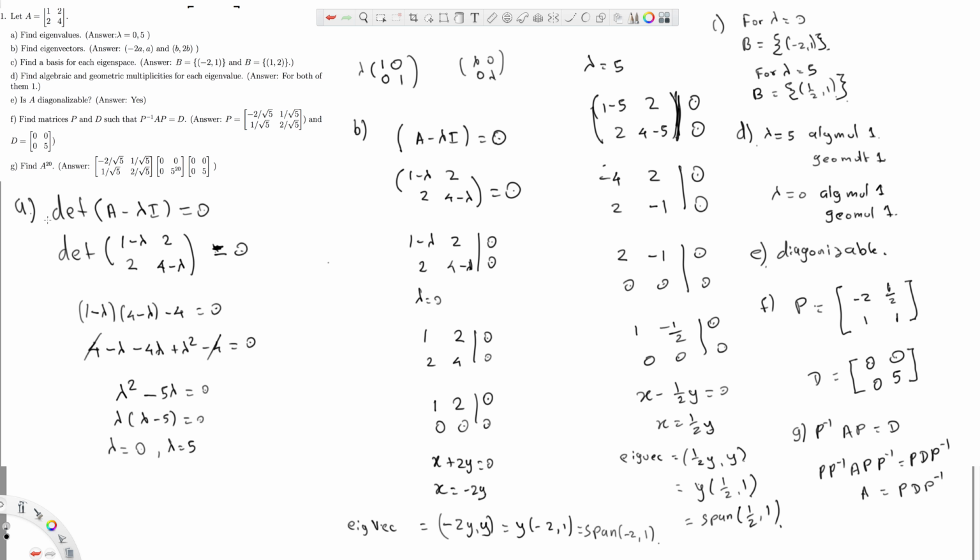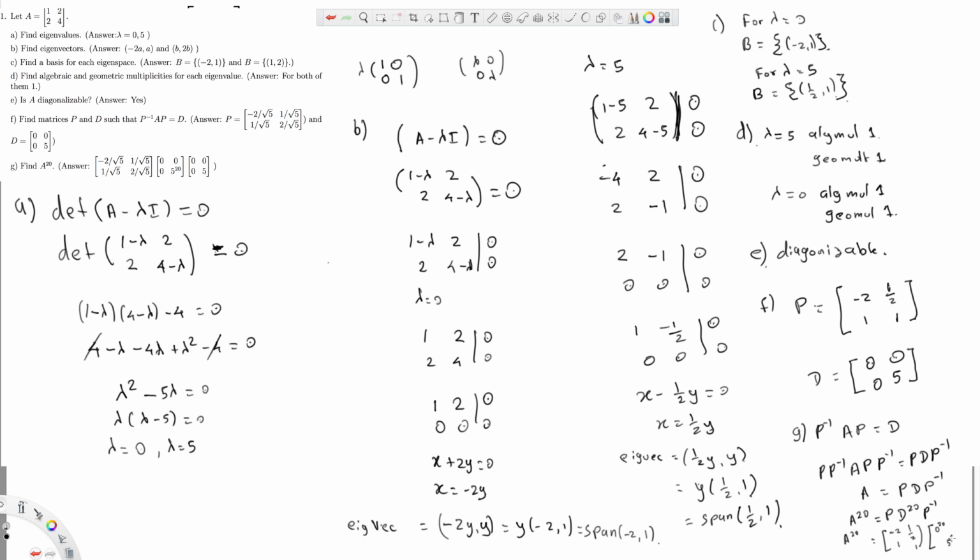But they are asking for the 20th power, right? So in this case, A to the 20 is equal to P times D to the 20 times P inverse. Remember, D is the only one that gets the power. So A to the 20 is going to be equal to P, which we know here: minus 2, 1, half, 1, times D. So this is 0 to the 20, which is going to be 0.